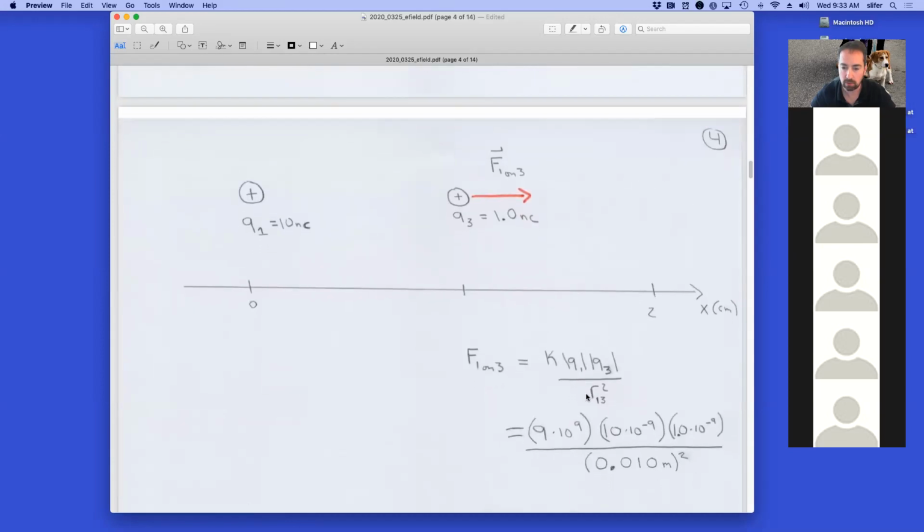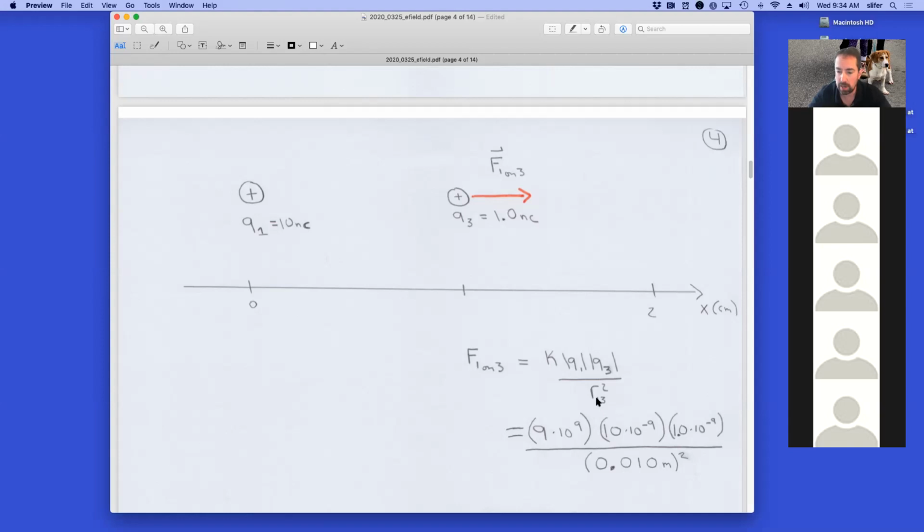So now I have everything I need to start calculating Coulomb's force. K is just that constant. The charges: one of them is 10 nanocoulombs, that's 10 times 10 to the minus 9. And then this guy has 1 times 10 to the minus 9. And the distance between them, we have this kind of awkward notation as we have multiple particles.